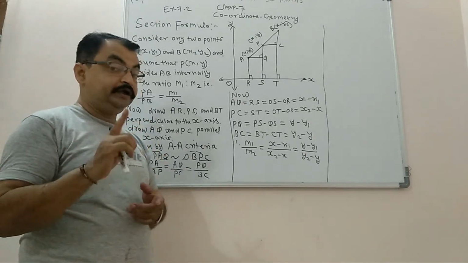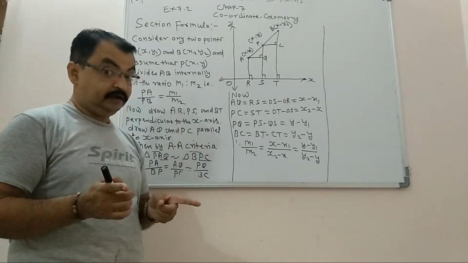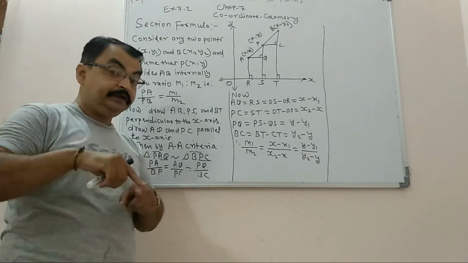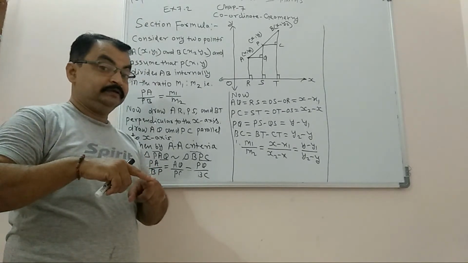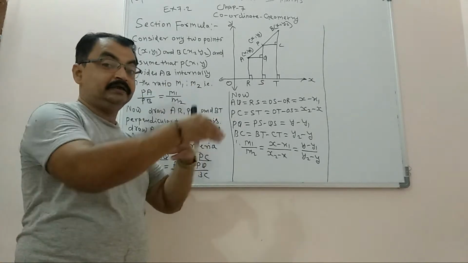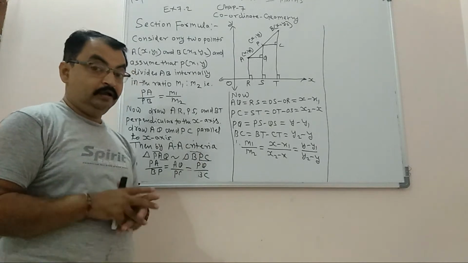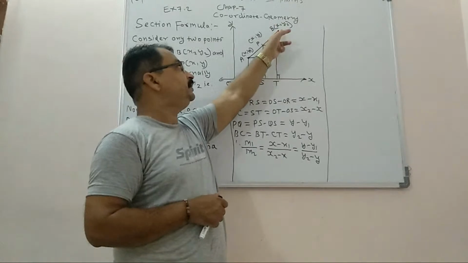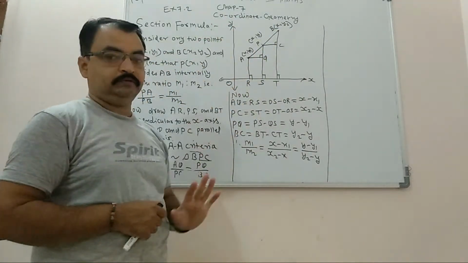So the end points are A and B. Segment means end points are fixed, like A and B. And the third point P divides AB in different parts, which is called the ratio. So suppose children, I have taken a line segment AB in a coordinate system of X and Y.